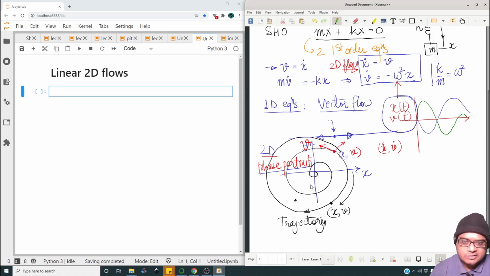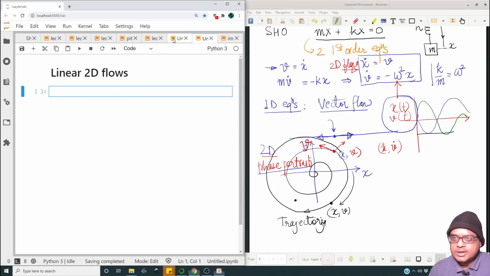There can be various conditions, and we are more interested in those conditions rather than the time series. Of course, the time series is very important to understand the time taken for a certain motion. Okay, so let us first try to have a qualitative understanding of how this flow would look.